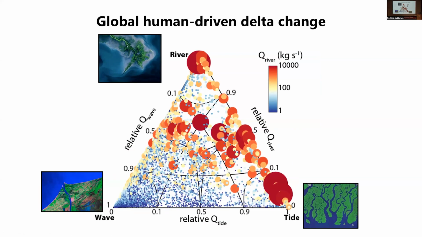What about the effect of humans on global deltas, and does that affect trapping as well? You can go back to this triangle of delta morphology, and we can make this triangle with the idea that these are all fluxes before humans started affecting deltas. Then we can ask, what if humans started affecting river sediment fluxes?